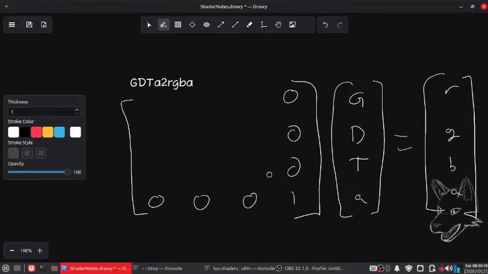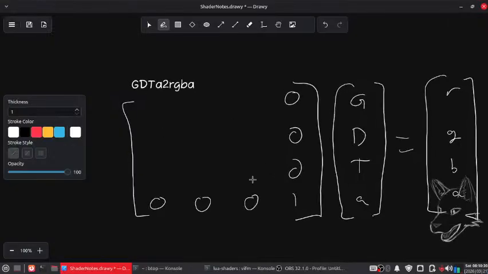Okay, yeah. So it's that. So we do just the things with the offset. I mean, except for the alpha, because the alpha is going to be the same.